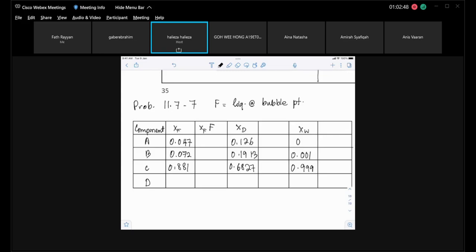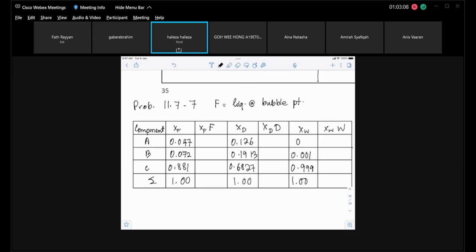So I will erase this. That should erase. Okay. That will be the summation, 1.0. XD times the distillate, XW times W.